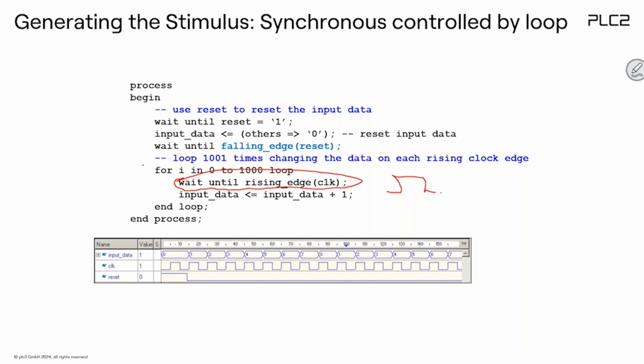This means we have a clock somewhere, and we wait for the rising edge, rising edge, rising edge. Whenever it's a rising edge, we just change the data. So the data will change here. This is completely synchronous. In this case we control this by a number. That's very, very common.